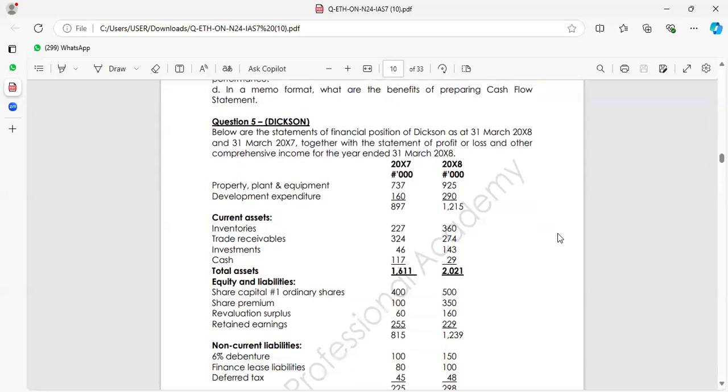Look at Dixon. If they ask me now, how many transactions will be in investing? The number of transactions is 4, because anything reported under non-current assets is investing activities. PPE, we can buy and sell. Development expenditure, we can buy and sell.